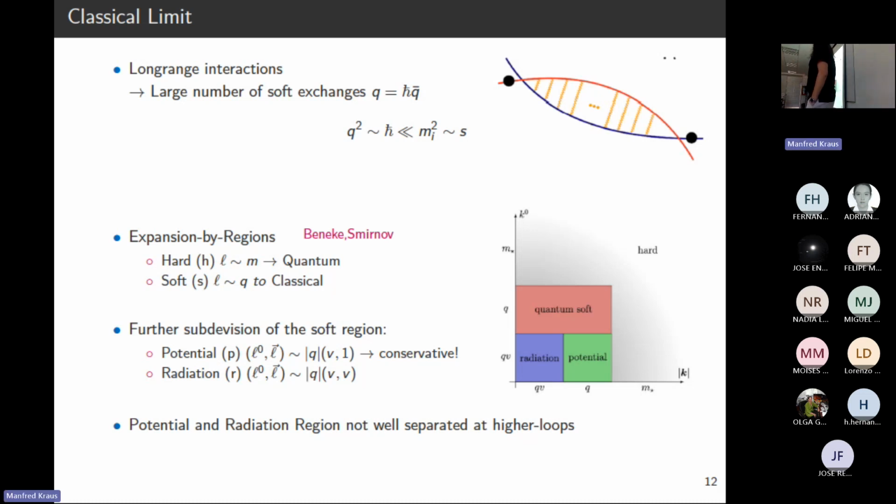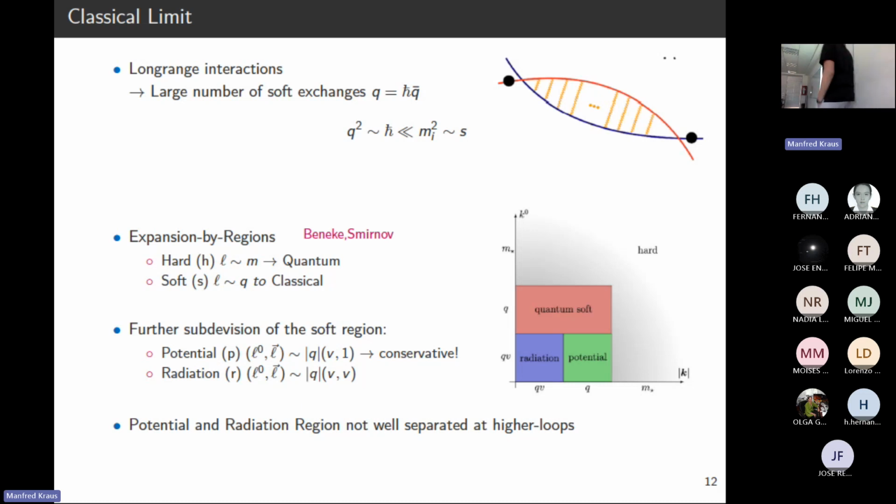It first sounds kind of crazy that you use a quantum field theory that intrinsically has quantum corrections, and now you try to get rid of all of the quantum stuff in order to get the classical piece back. But it turns out that this is more efficient than solving Einstein's equations analytically.